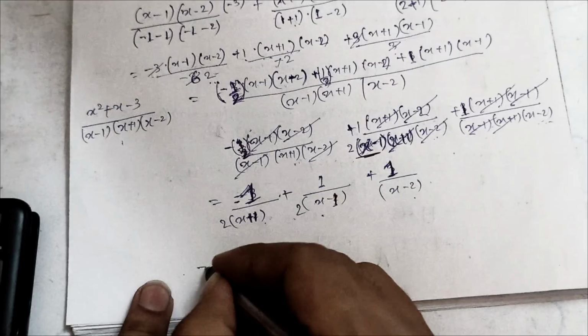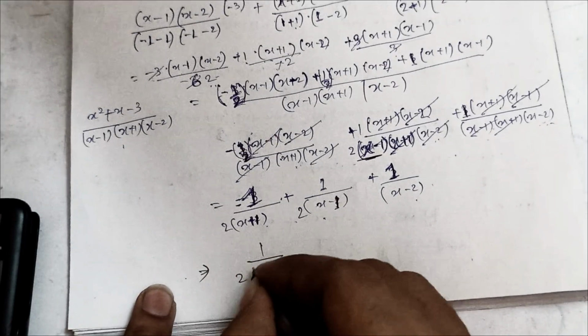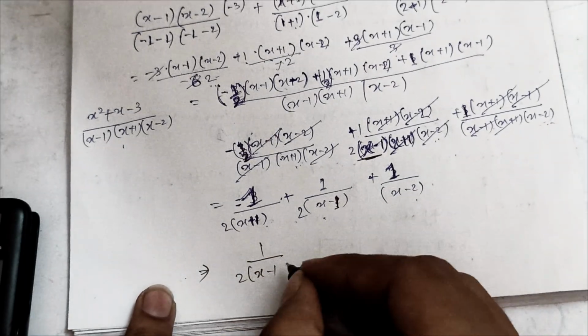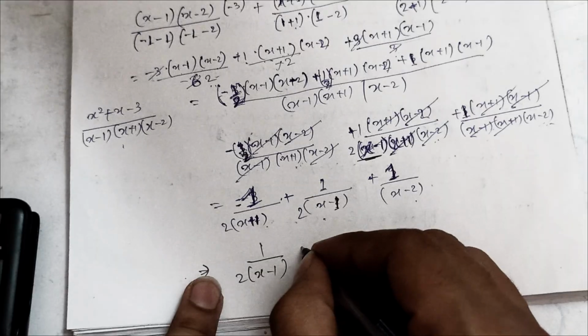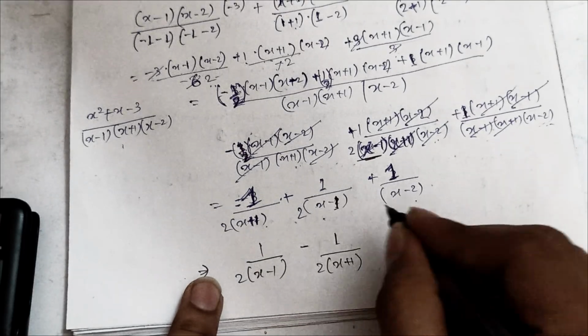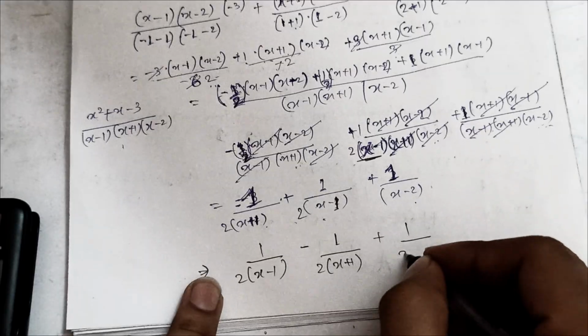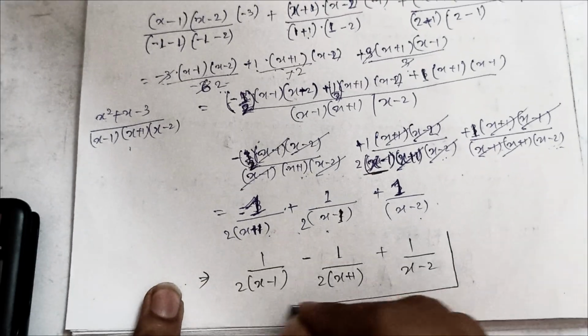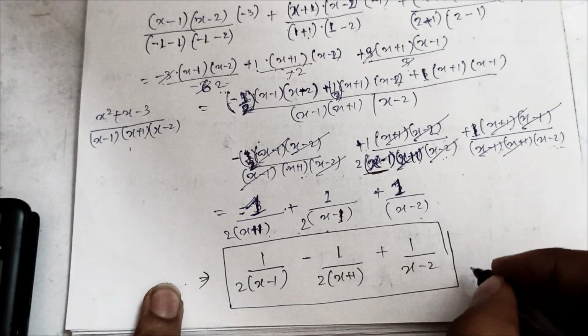So our final answer will look like 1 by 2 into x minus 1, and minus 1 by 2 into x plus 1, and plus 1 by x minus 2. That is our final answer.